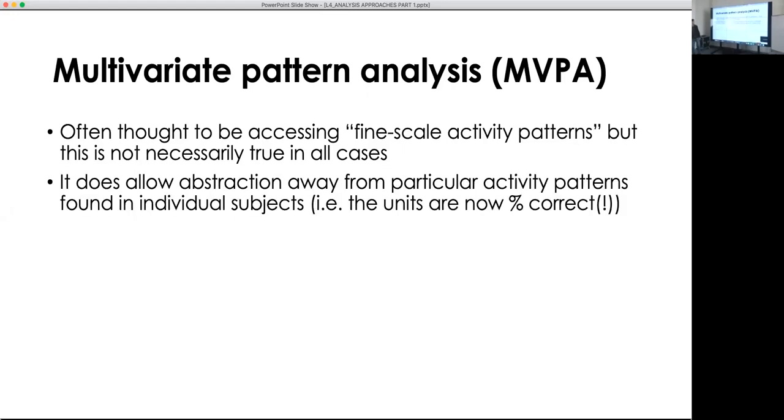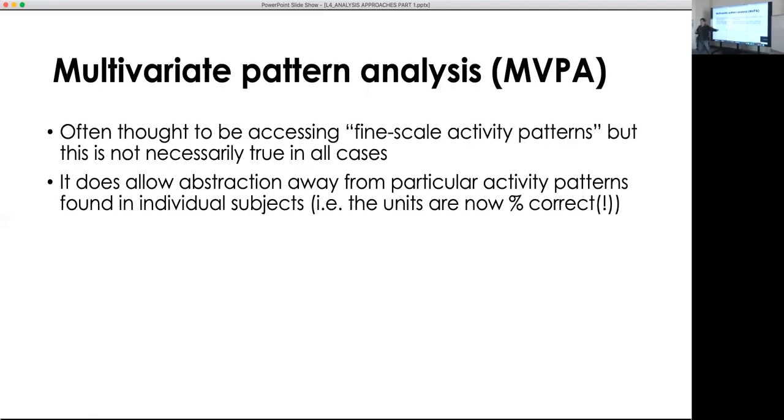Another weird thing about MVPA, or at least I find this weird and interesting, is that it abstracts away from the data. This is not necessarily a good or bad thing. If you do the standard thing of putting down your searchlight, which is actually the next concept, and you do some MVPA, you get % correct, and then you do that in all your subjects.